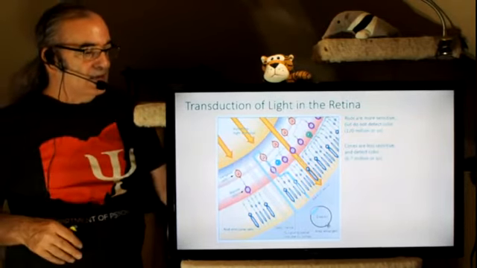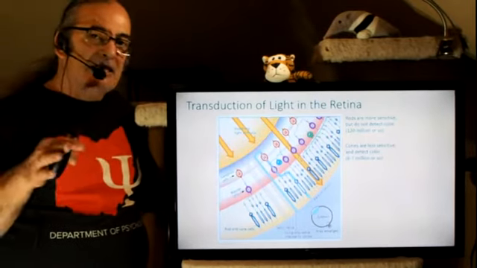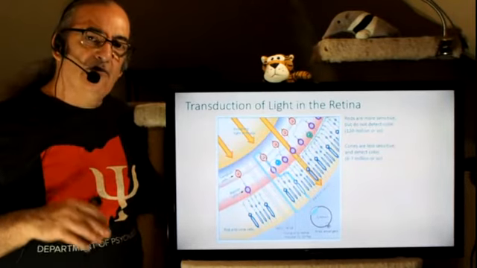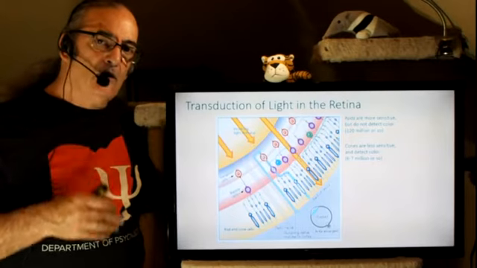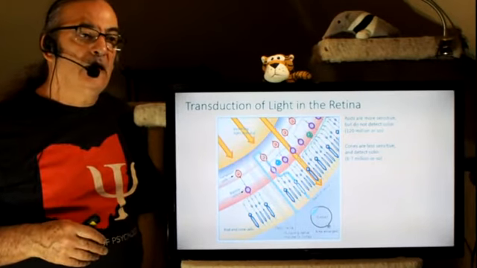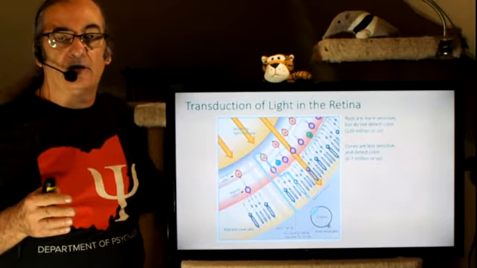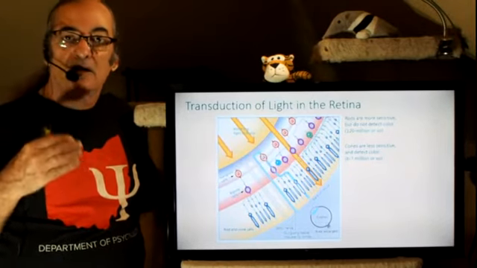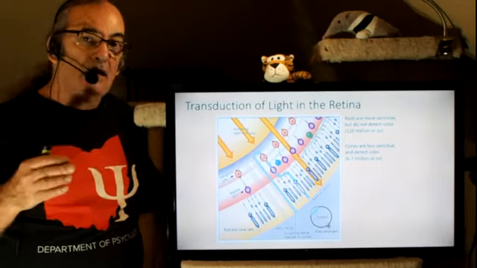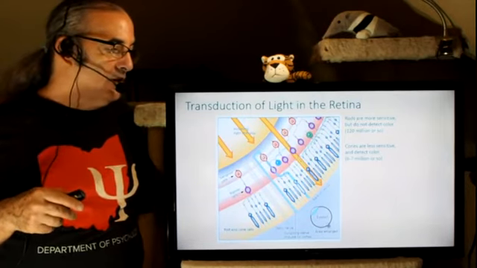Now, cones are less sensitive. They detect color, and there are 6 or 7 million of those, so far fewer cones. We are well adapted to assessing light intensity, and highly dependent on that. Color, maybe not so much.